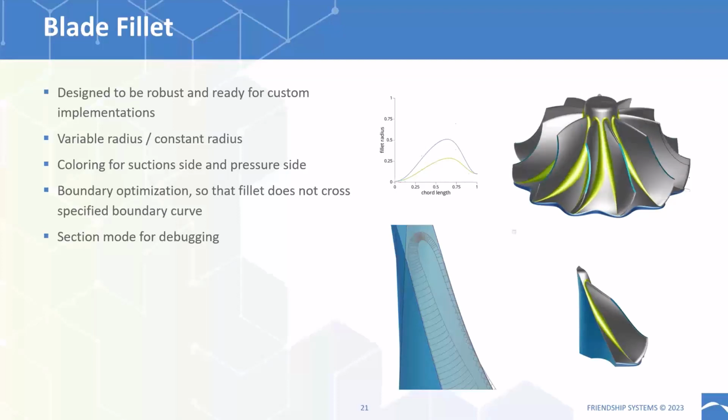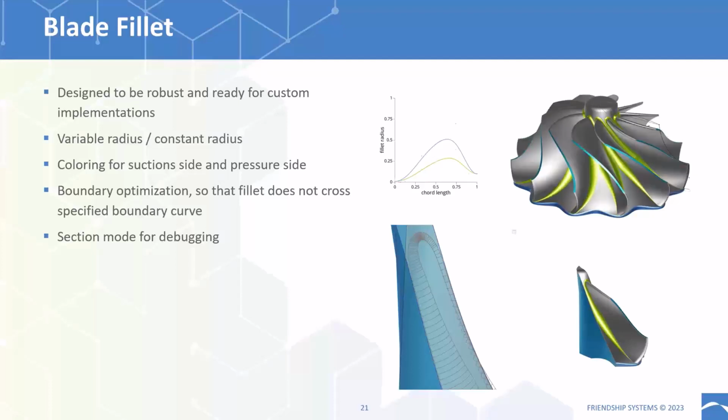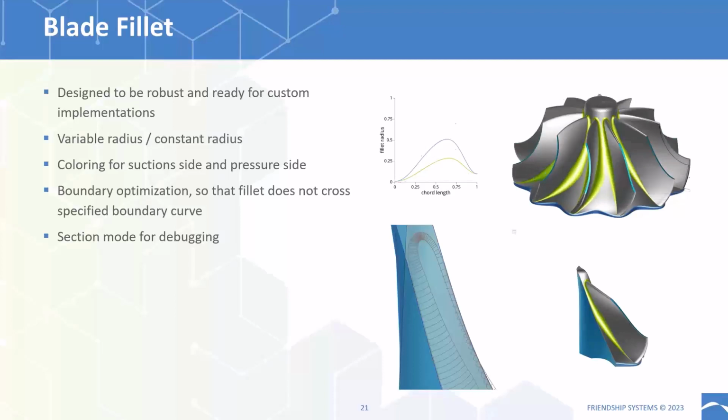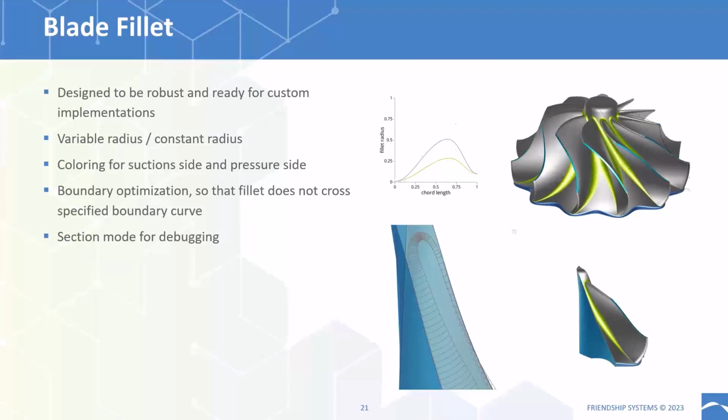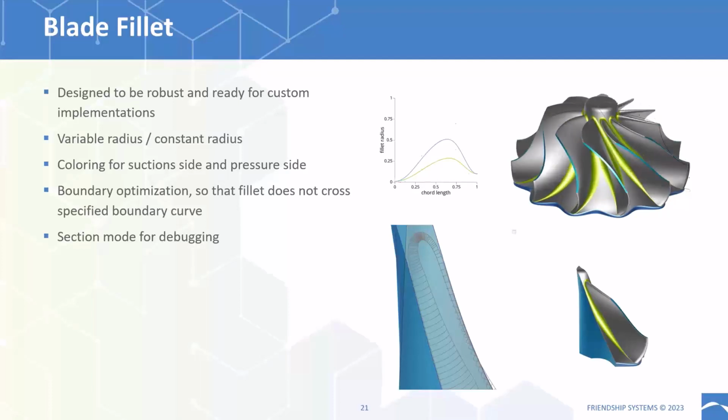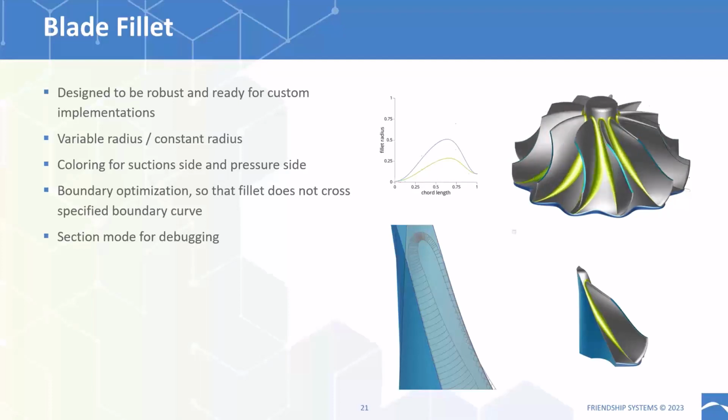You can create variable radius fillets as well as constant radius fillets. You can, for example, apply individual colorings to the suction and pressure side. It also includes functionality to optimize the boundary of the fillet so that the fillet itself does not cross a given boundary curve.